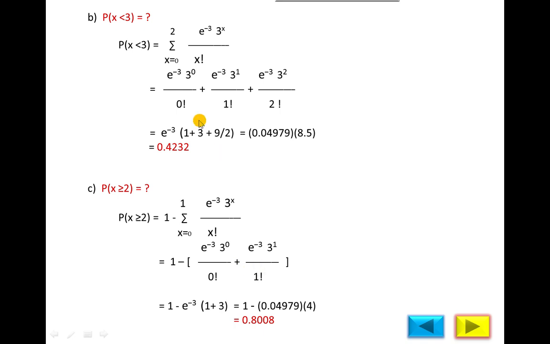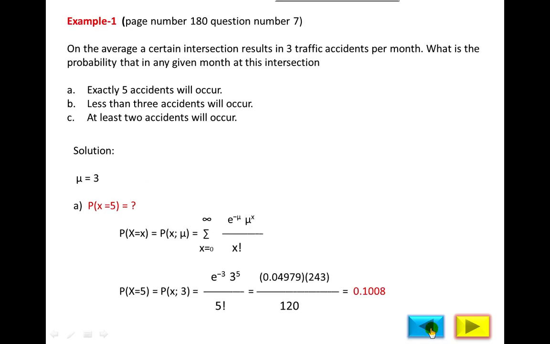You can write this value 3 directly, and simplify this term plus this term, where e power minus 3 is common, then multiply and subtract from 1. You will obtain the answer 0.8008. So these are the answers of the 3 parts.